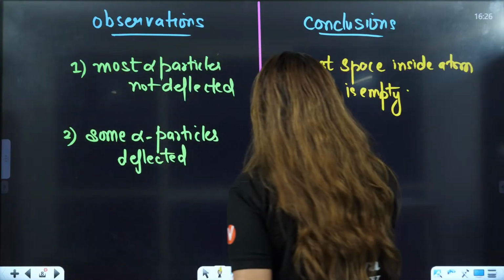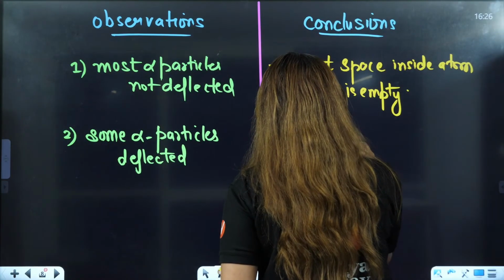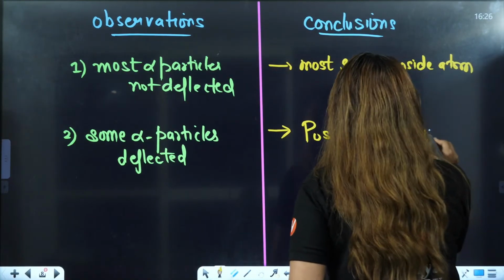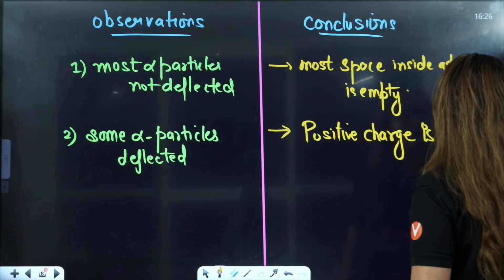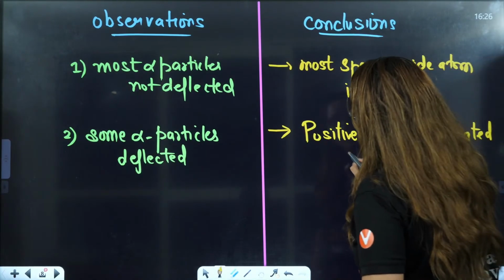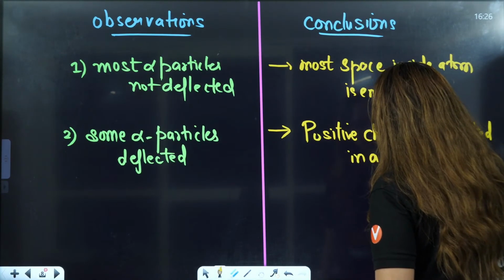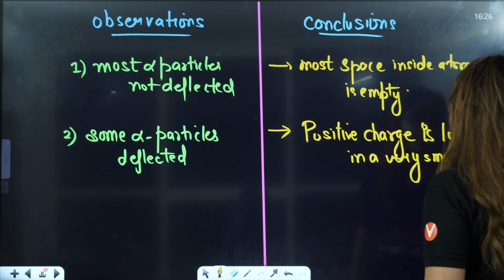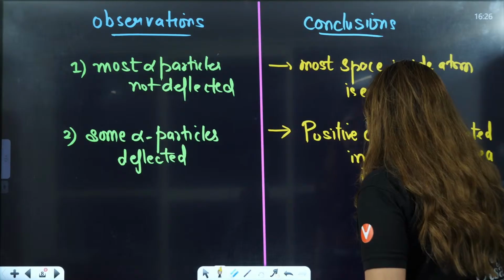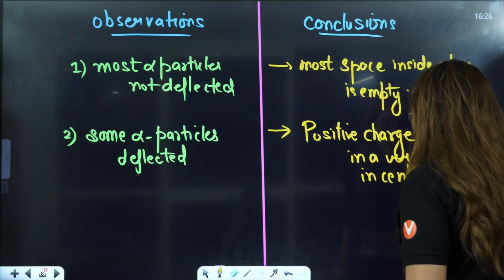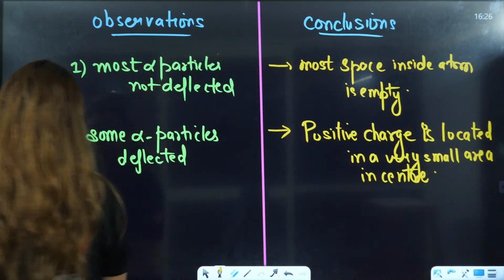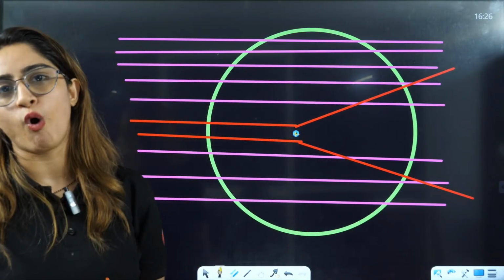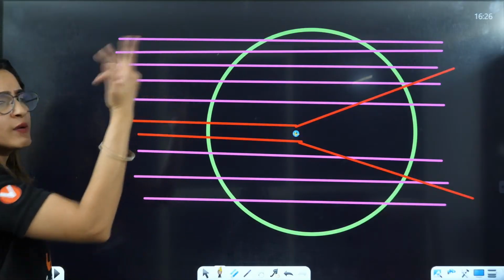You can say the positive charge is located in a very small area in the center. That is why they are being deflected, because in the center there is some positive area which is very small. That is why only some were being deflected.